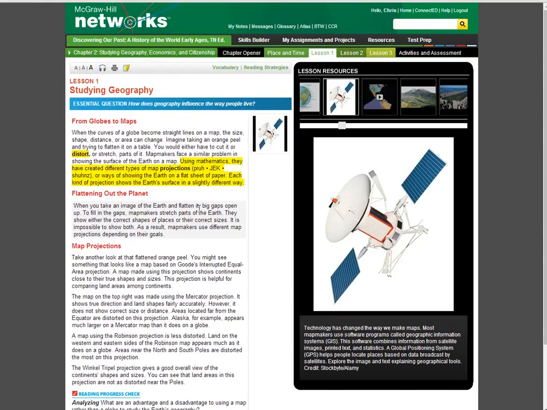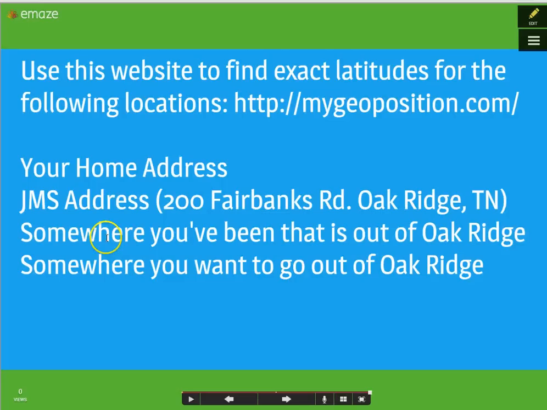Using mathematics and technology, there are now ways to create projections, or ways of showing the Earth on a flat sheet of paper. Each kind of projection shows the Earth's surface differently, and we'll spend some time on Thursday talking in class about some of these map projections.